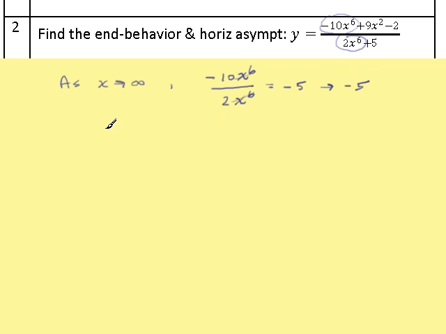All right, and on the left as well, as x goes to minus infinity, again, this expression goes to wherever y goes to, so we can say y goes to minus 5. So these are not infinity, so we have a horizontal asymptote at y equals minus 5.